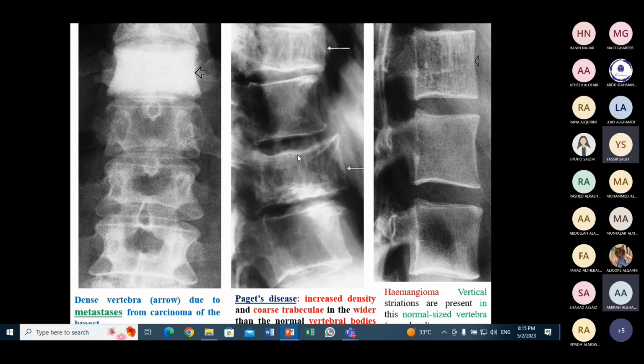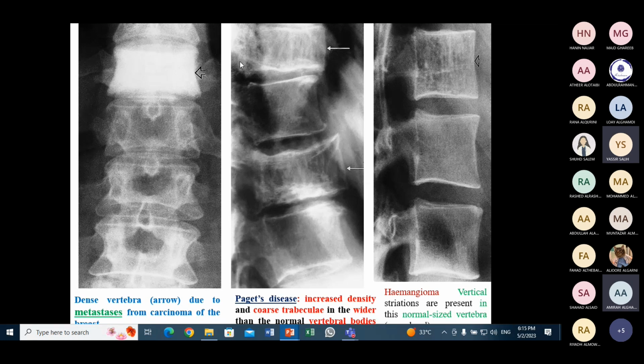hemangioma طبعا كان اتكلمنا عنها انها بيكون characterized by vertical striation، يعني تكون في الخطوط دي more prominent in hemangioma. لكن من البداية لاحظ ان هي more dense. إذا ال 3 سلايد دي كلها فيها ال vertebral body more dense.